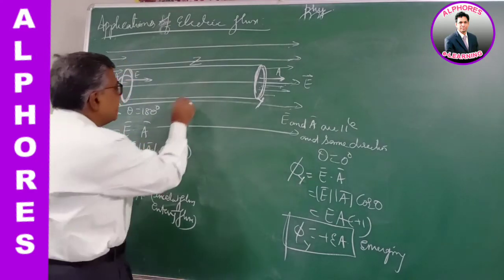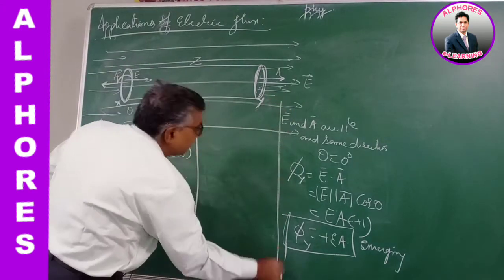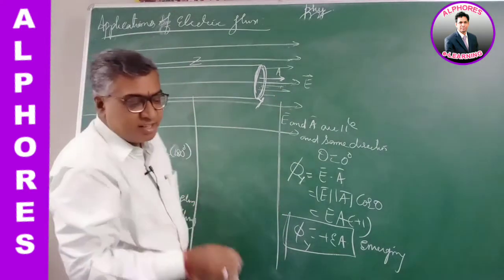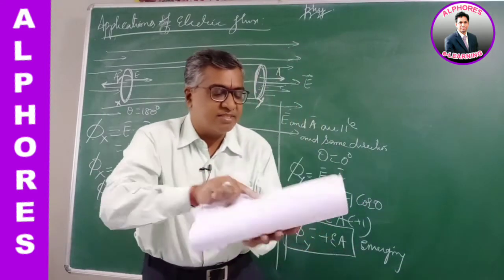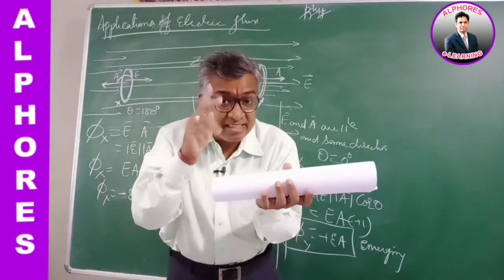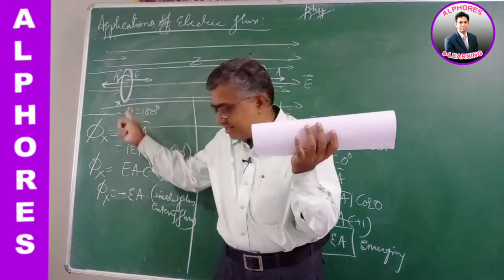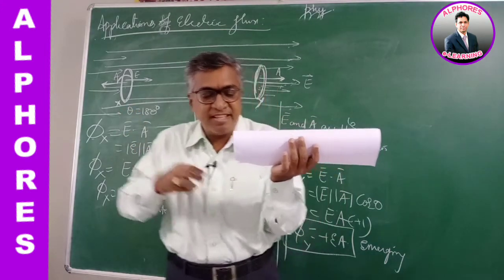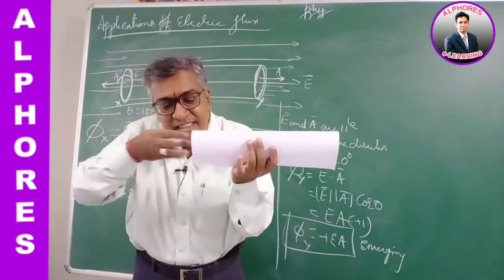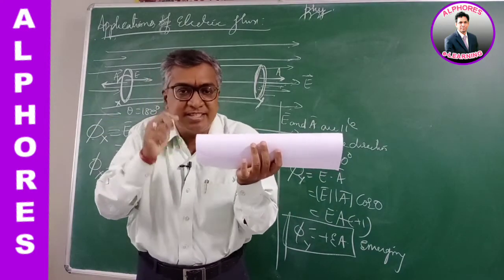Now let us understand the flux through this curved surface. What do I mean by the flux through the curved surface? In this cylinder there are three surfaces. One is this circular part, that is X. We have found it as minus, because the electric lines of force are falling on it, so it is minus EA.